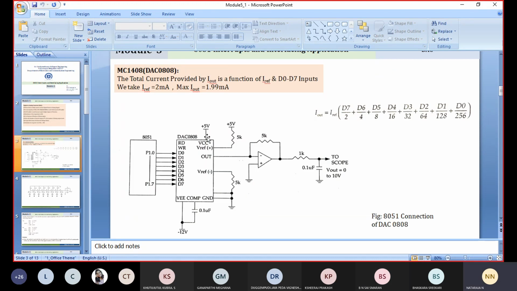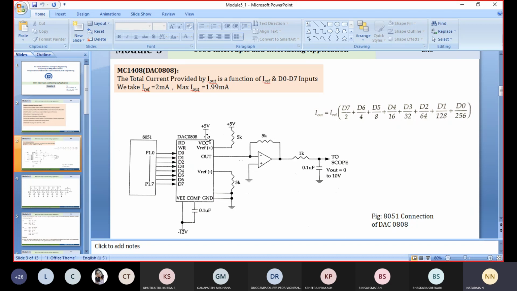This is how exactly we are going to interface the 8051 and the 0808. See, in the 0808 IC, no need to write the pin diagram, pin numbers.